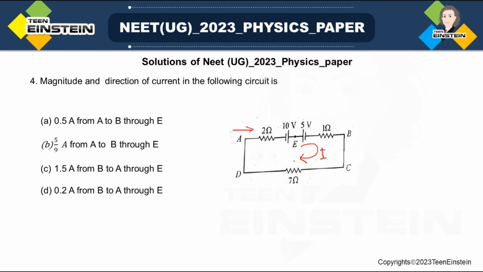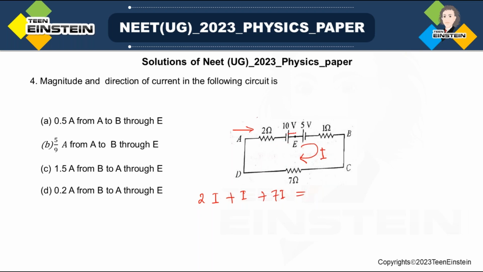Now here, if I apply Kirchhoff's voltage law, KVL, I'll write 2 ohm into I, so 2I, plus, I just take the resistors first, I plus 7I. Now I'll take the battery EMF. In this case, we are going from A to B this side.